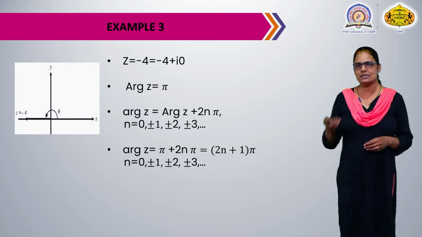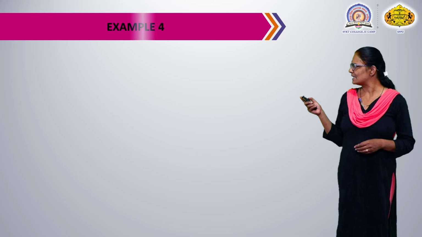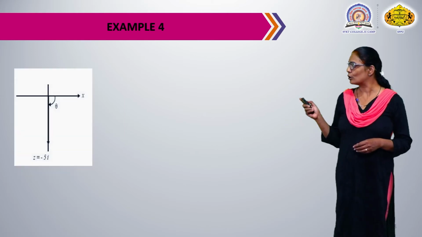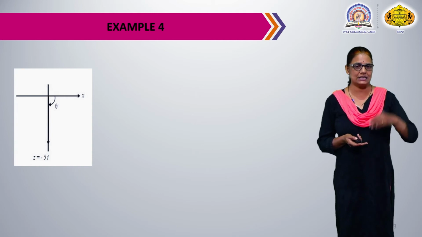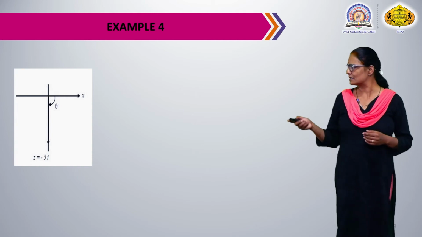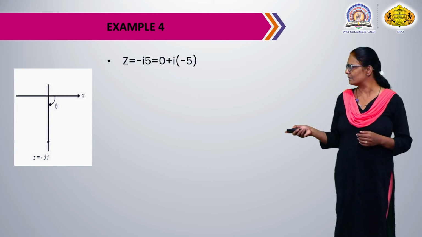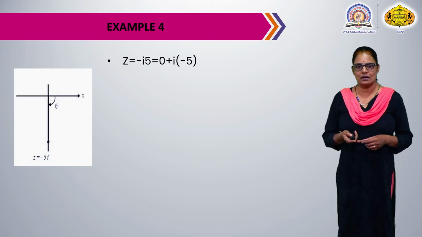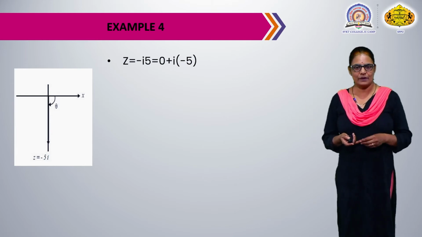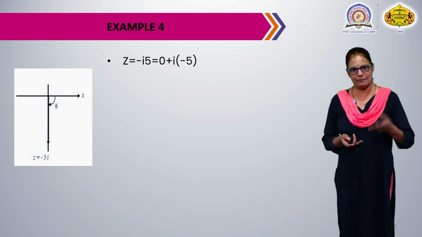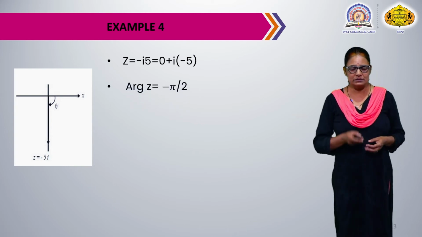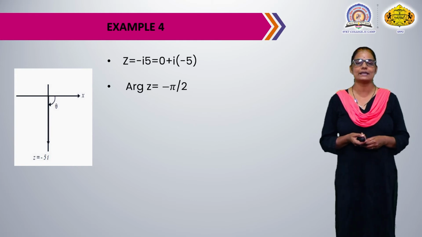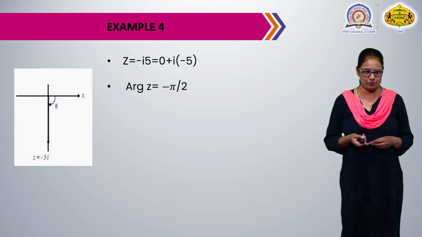So let us continue with the fourth example. Obviously in the fourth example we consider a complex number on the negative y-axis, that is the negative imaginary axis. I consider here the example z equals minus 5i. It is a purely imaginary number. Now the principal argument of the complex number is minus pi by 2.